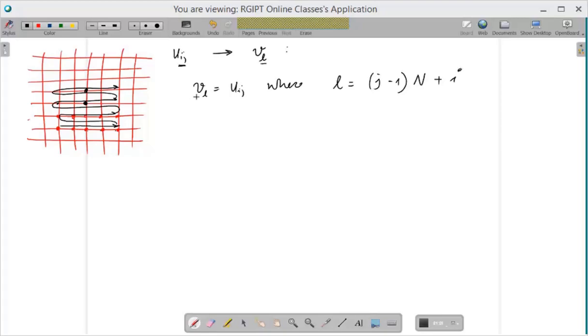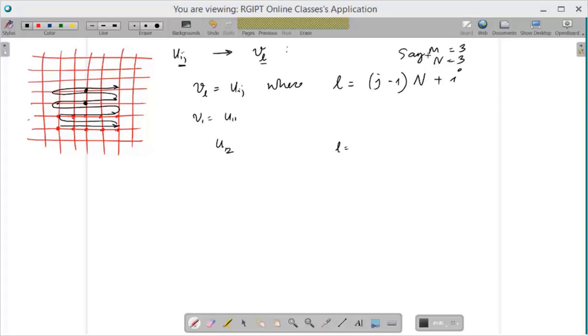So, for example, let's say V1 is U11, and if I take U12, what would it be? Find L, where ij is 1 comma 2. Let's say I have the 3 by 3 case, so M is equal to 3, N is equal to 3.